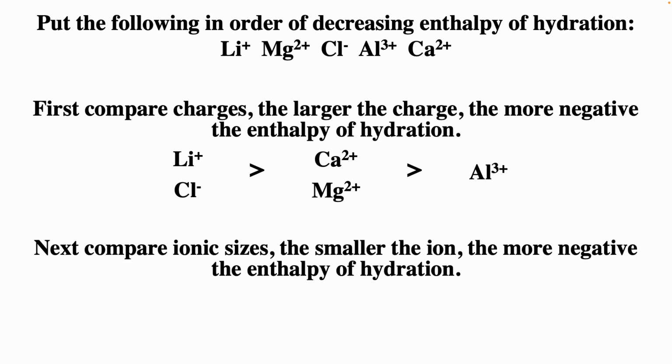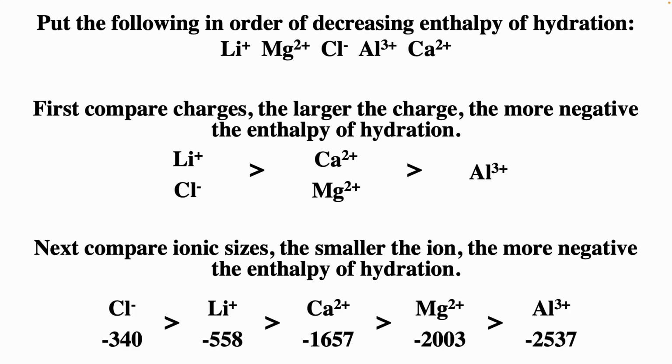And so lithium is smaller than chlorine, and magnesium is smaller than calcium. And so we get this as our final list. And so again, aluminum +3 is going to have the strongest ion-dipole interaction, most negative enthalpy of hydration. The chloride ion is going to have the weakest ion-dipole interaction and the least negative enthalpy of hydration.